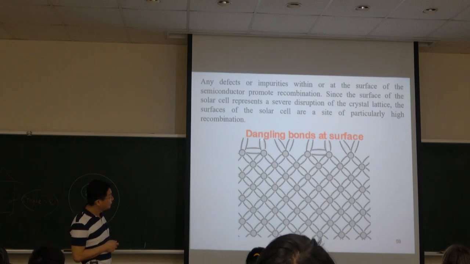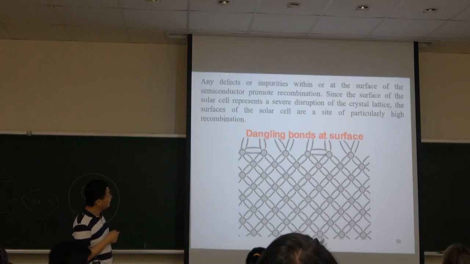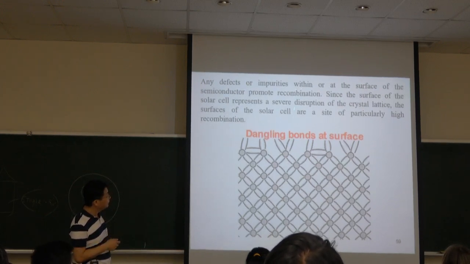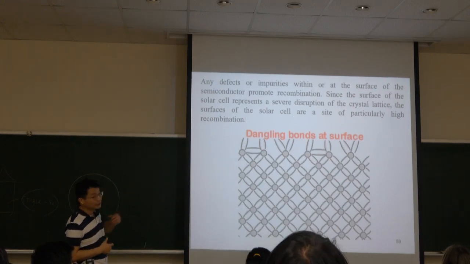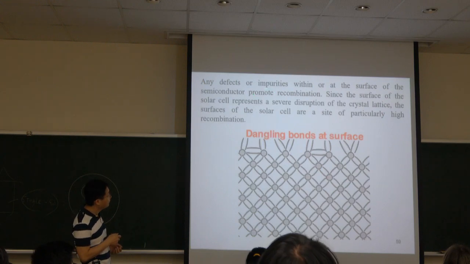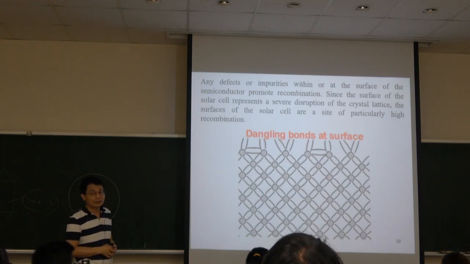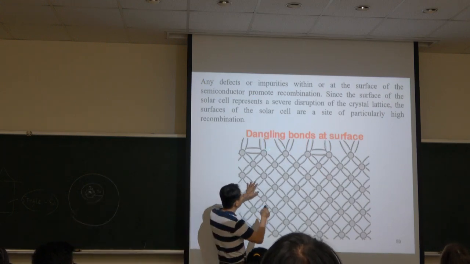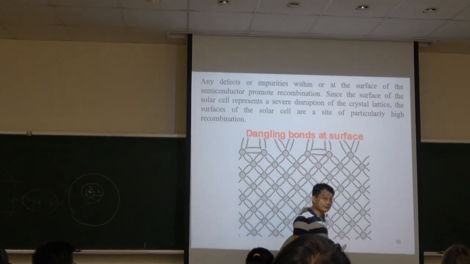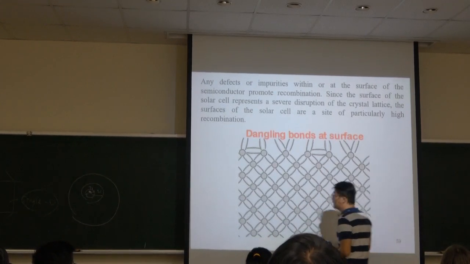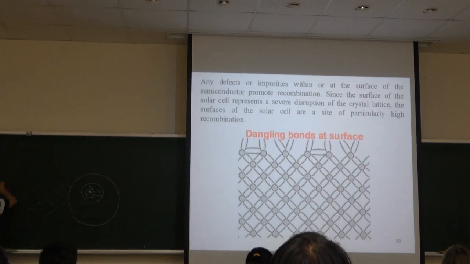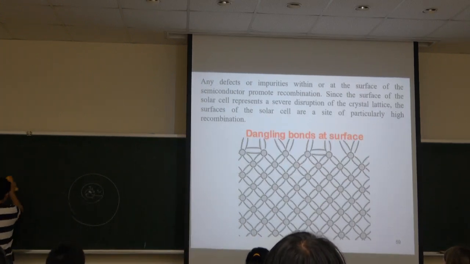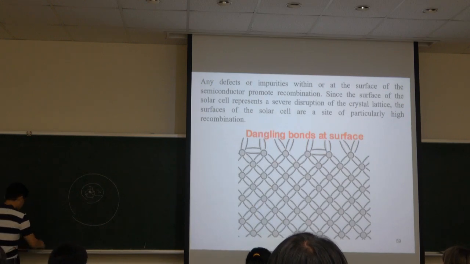So-called here is the dangling bond. So any defect or impurity at the surface or the grain boundary as well promotes recombination. So this dangling bond is not only on the surface but also on the grain boundary area. You can also observe it on the grain boundary area.